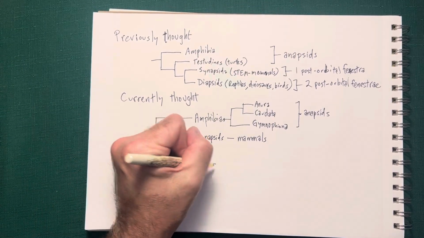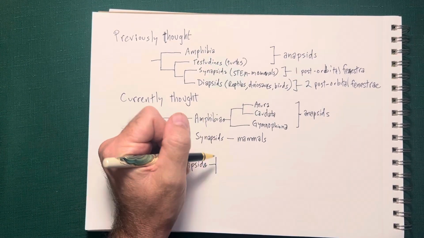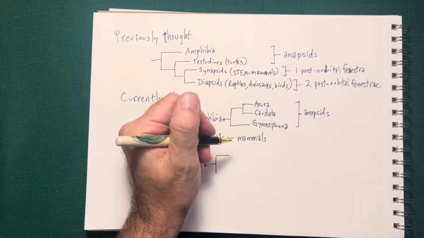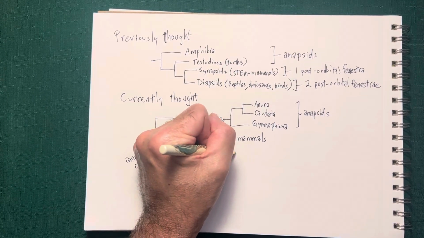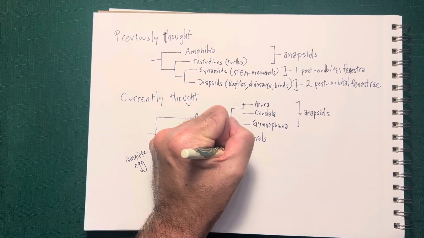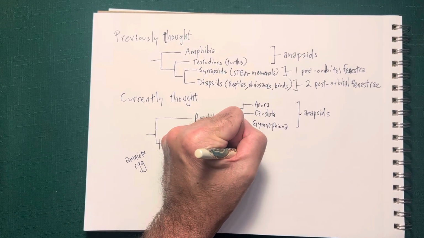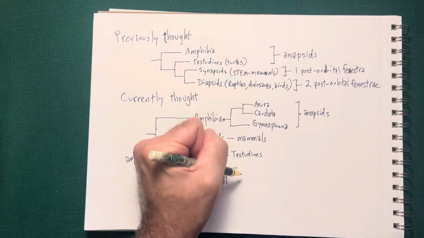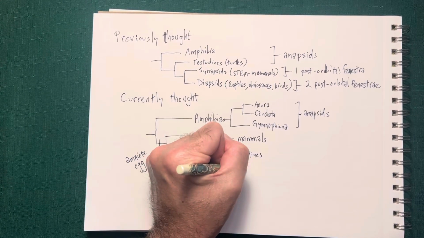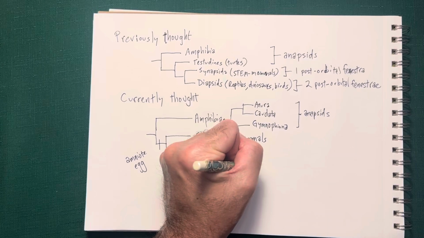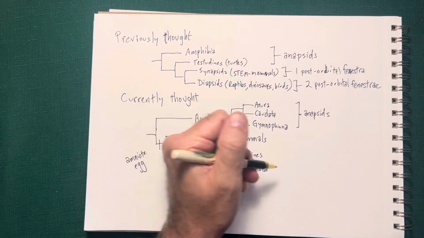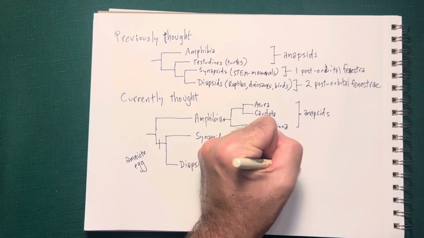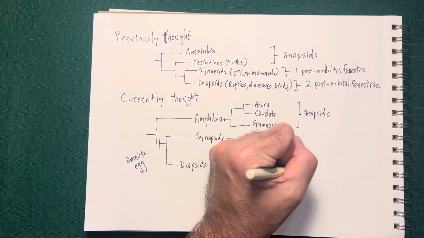However, within the diapsida, we've got the testudines, we've got squamata, which are snakes and lizards, and geckos and a whole bunch of other things.